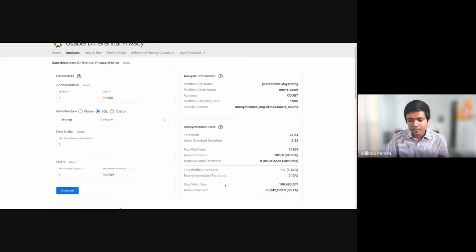And then here, another important parameter. Again, the intention of these two parameters is to give you a very high level idea of accuracy loss, right? But we should keep in mind there's only so much you can explain by just one number, right? This parameter is basically saying if you add up all the movie counts across all the partitions in the raw output, what's that value?